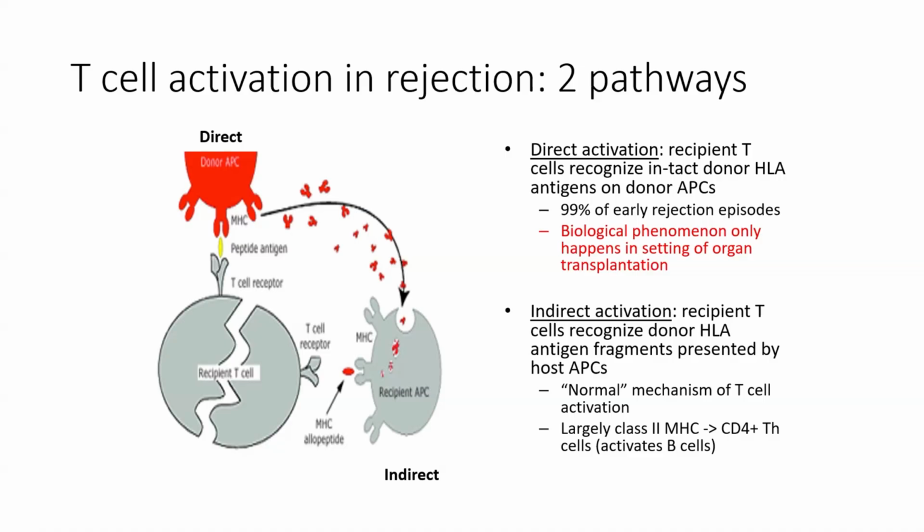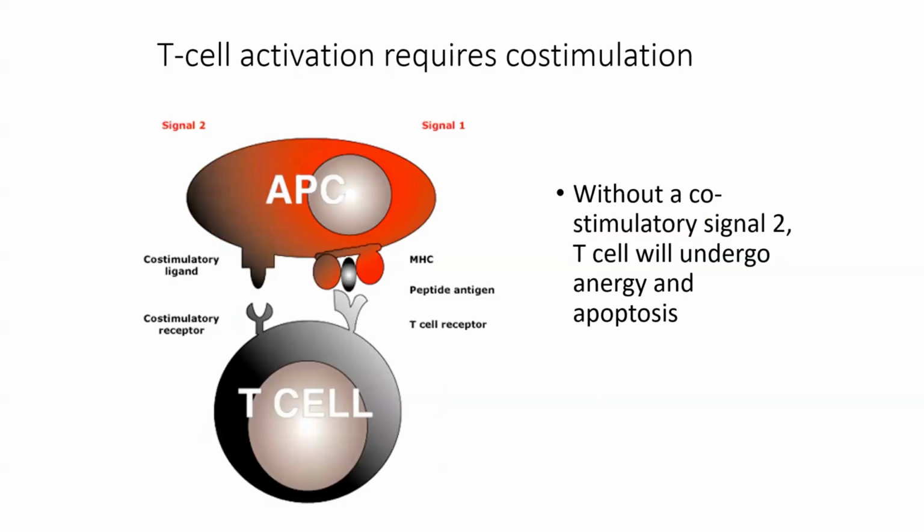There's not really very many other ways that you can have a cell that isn't your own presenting antigen to your own cells. These donor antigen presenting cells go away in about 6 weeks. So we see a lot of early rejection within that first 6 weeks. That's why we call it early T cell rejection.